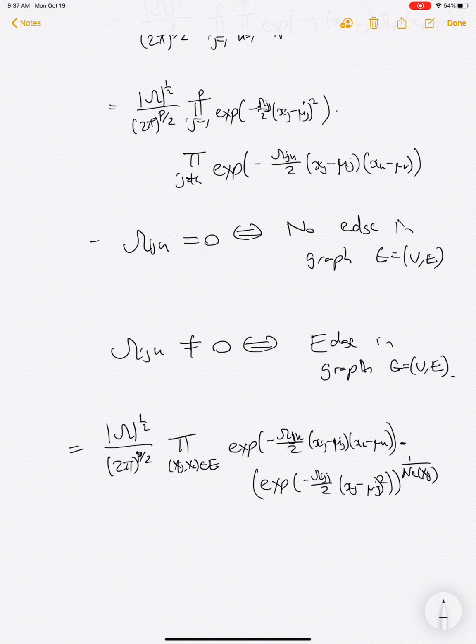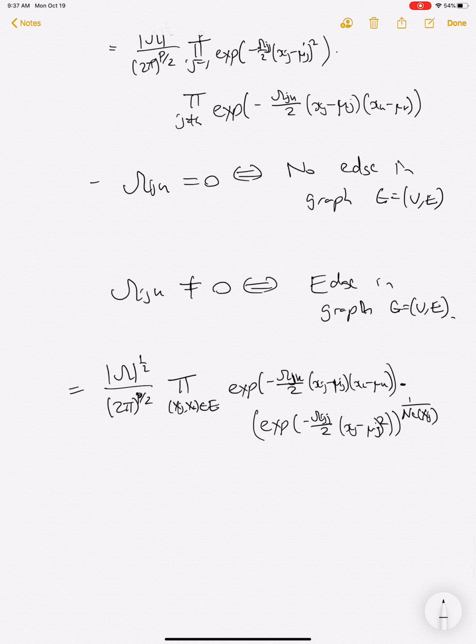I'll say what that actually is. The reason you need to do that is to make sure that you don't kind of multiply things through too many times. It's going to be 2 over the number of neighbors because there's double counting.